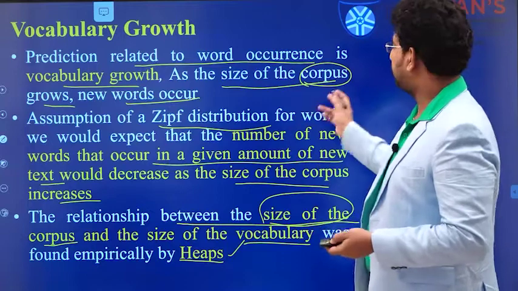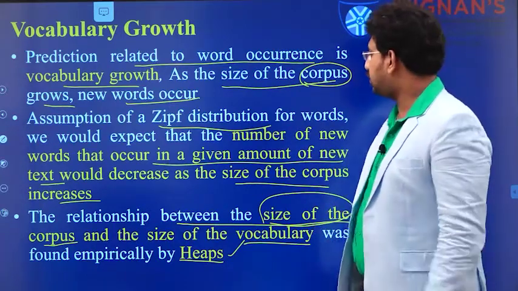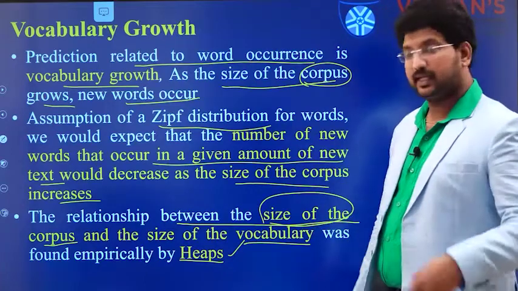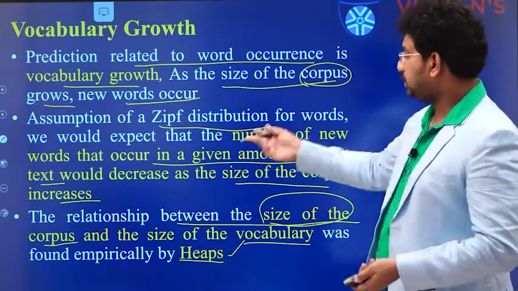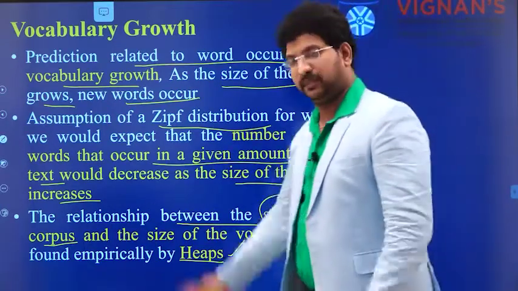As the size of the corpus grows, new words occur, we know that, and the assumption is that the number of new words that occur in a given amount of new text would decrease. That will decrease as the size of the corpus increases.